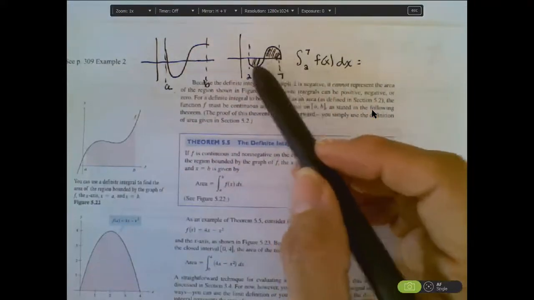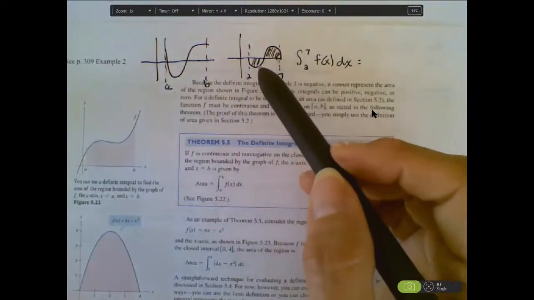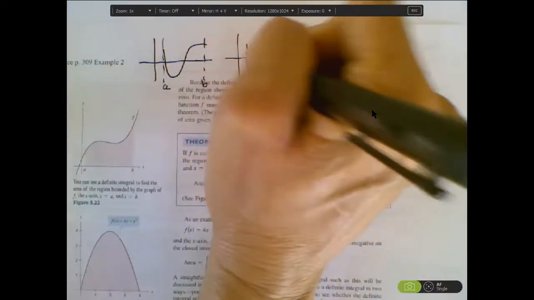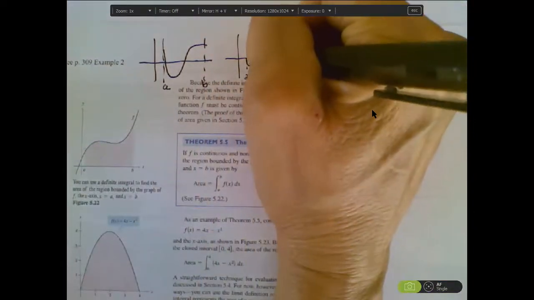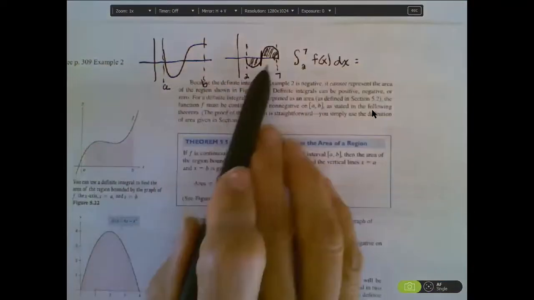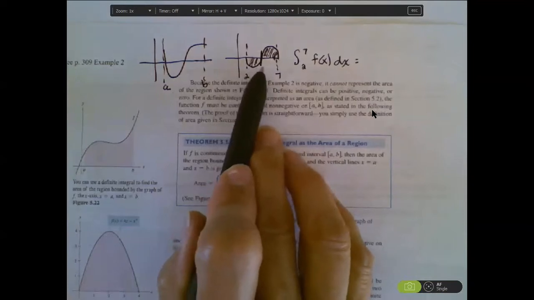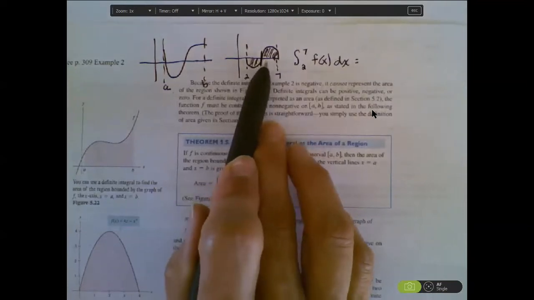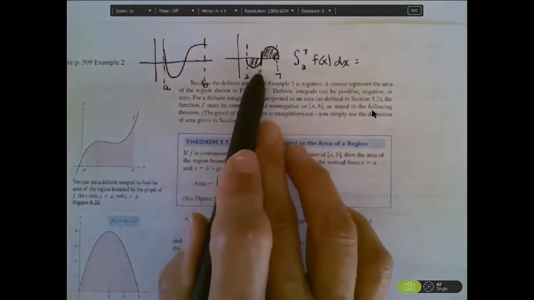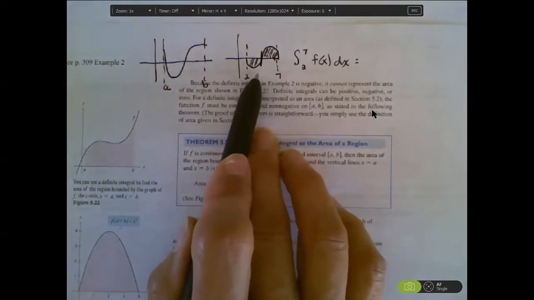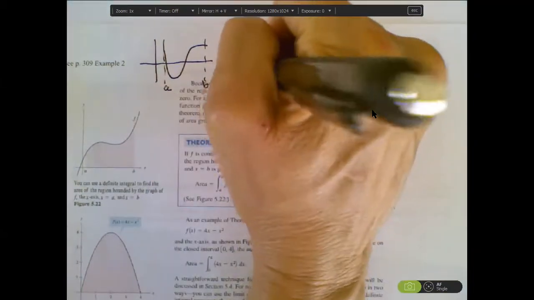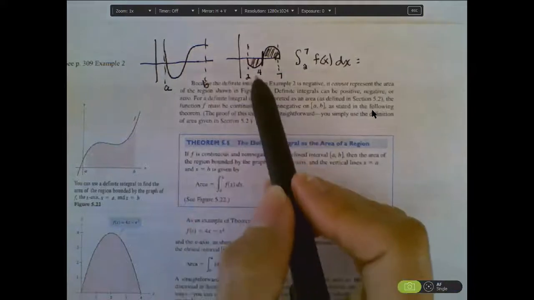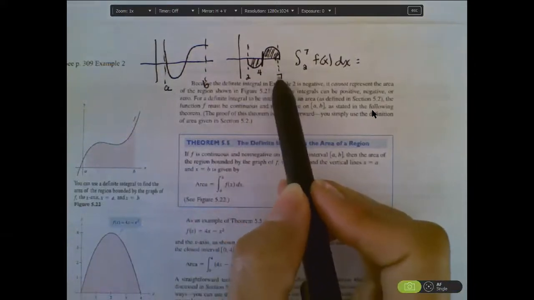If I wanted to find this area, which is what we'll start out with in Calculus 2, I would actually have to find the x-intercept, and then let's say that x-intercept turned out to be 4. Then I could integrate from 4 to 7.